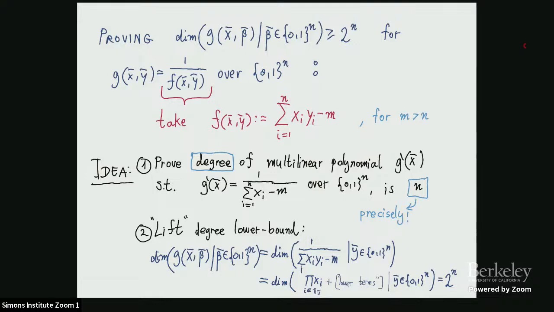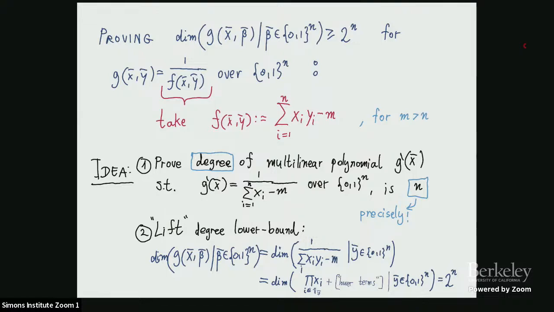We want Nullstellensatz degree, which is precisely n for these G. And this is our hard instance, and this is 1 over our hard instance. So if we have G that computes this over 0, 1, we can show that this, as a multilinear polynomial, is of degree precisely n. That's not complicated to show.